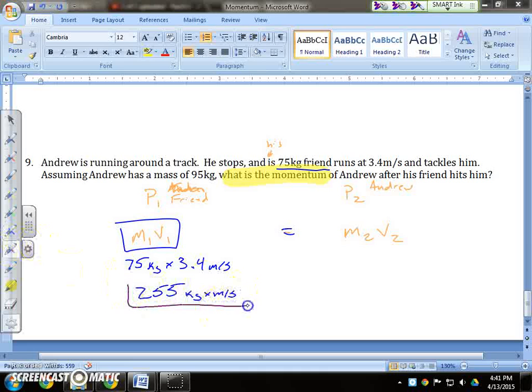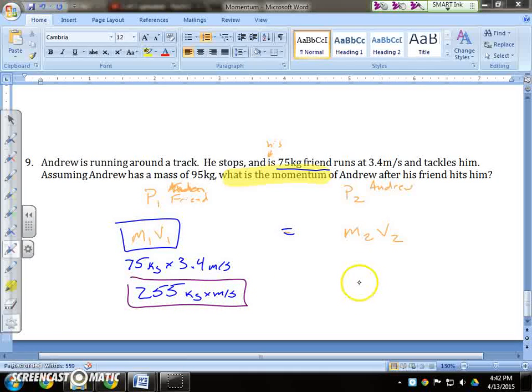So when we're looking at the momentum, Andrew's friend has this momentum, and then when Andrew actually starts moving, Andrew is going to have that momentum. So what's Andrew's momentum after his friend hits him? 255 kilograms times meters per second.